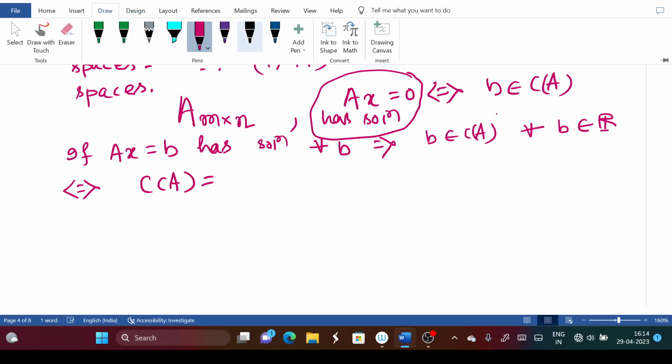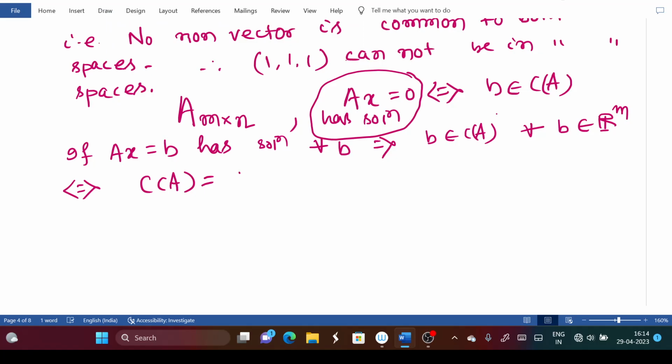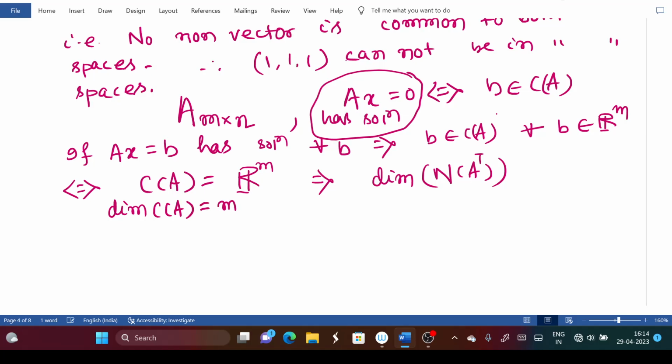It is the whole R to the power m. So C of A is equal to R to the power m, which implies the dimension of the left null space... First of all, this implies the dimension of C of A is equal to m, that is equal to the rank of A. So this is equal to M minus R, that is equal to M minus M, that is equal to 0.